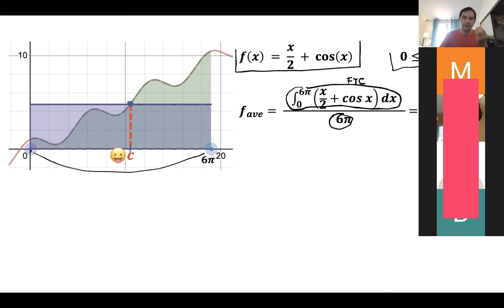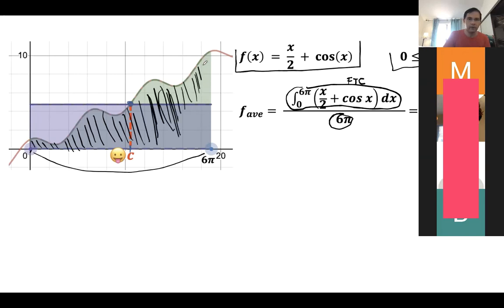This is very useful information, because how can we use it? Well, if you want to compute this area, then you can find a rectangle so that this area of interest is exactly the same as the area of this nice rectangle, and the height of this rectangle is exactly the average value of this function.